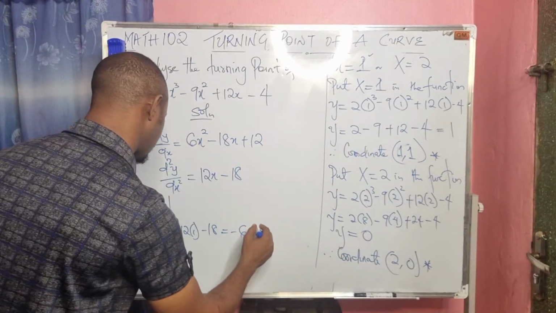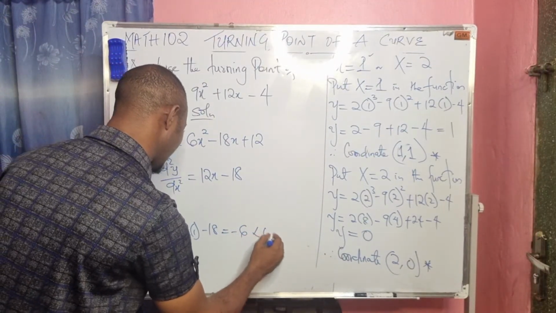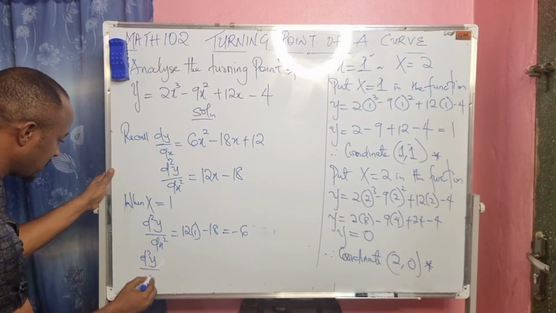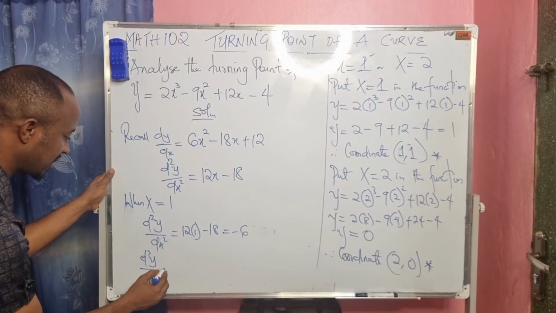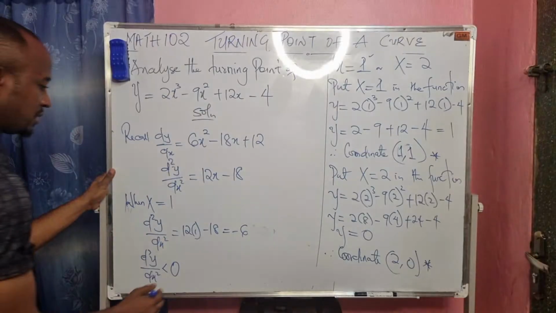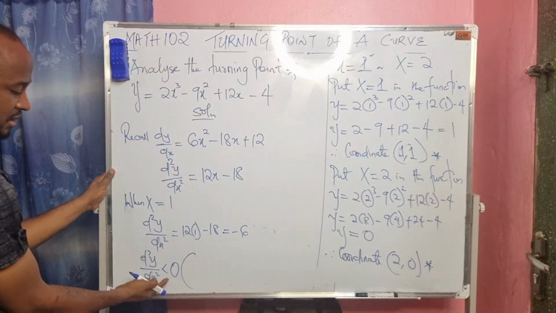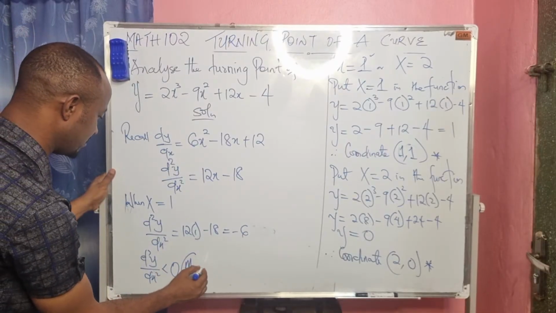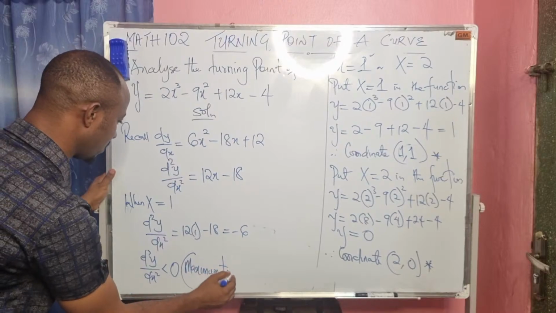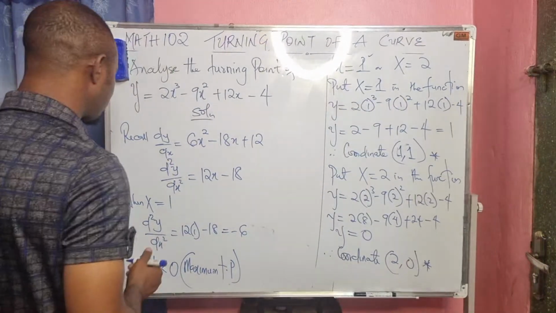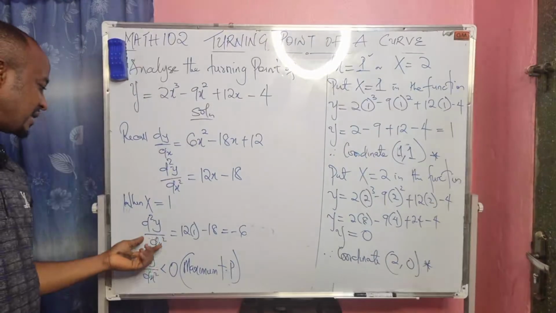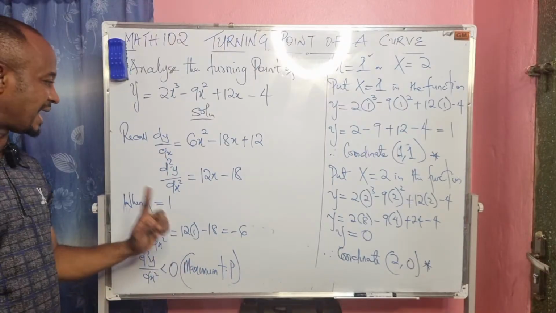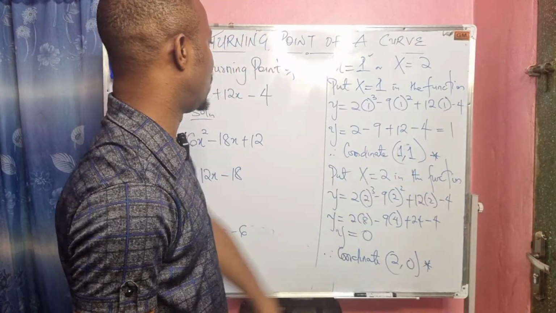Minus 6 here is less than 0. Don't forget, minus 6 is less than 0. That means our d2y over dx squared is actually less than 0, and that means a maximum turning point, right? Since the value of our second derivative is less than 0, it means that we have a maximum turning point at 1, 1.